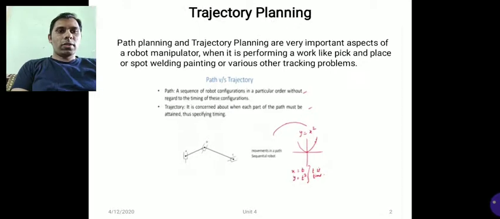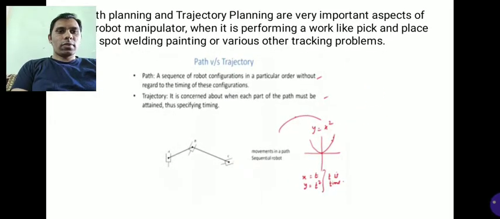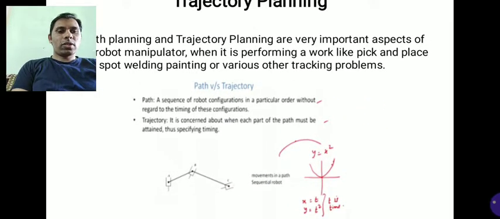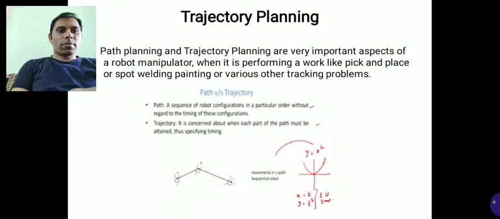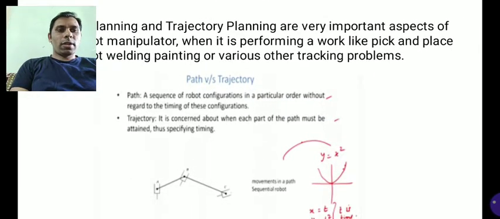That following of the path by the robot manipulator is called trajectory planning, or trajectory motion planning. So here we are going to study the trajectory planning for the different types of robot motion.